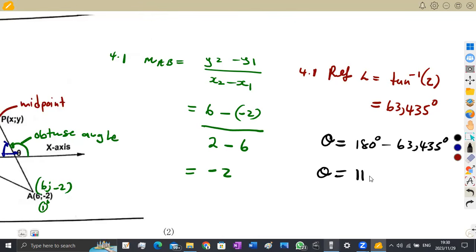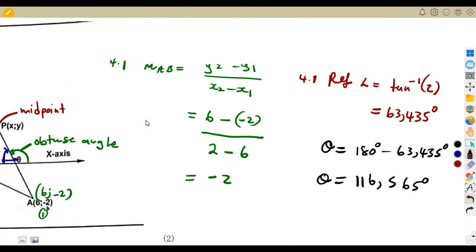So this is 116.565 degrees. All right, so this is the theta, the angle that we are supposed to have obtained, not this 63. This one is just your reference angle. Even if you use arctan -2, you're going to get this as a negative there. You have to remove that because it's not the exact angle that you're being asked.